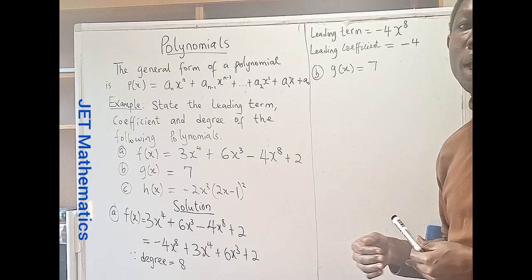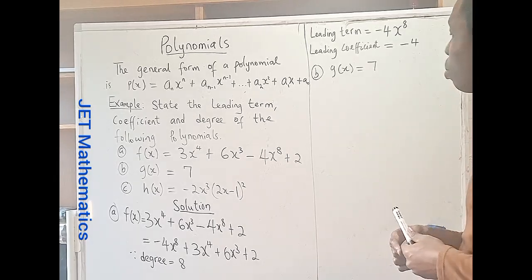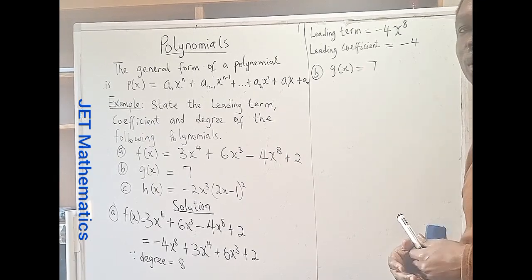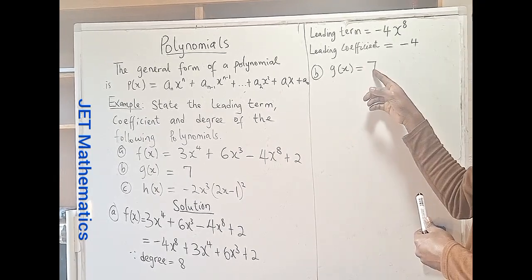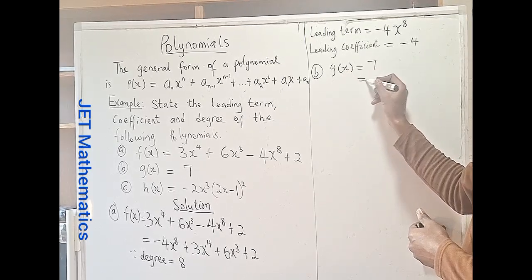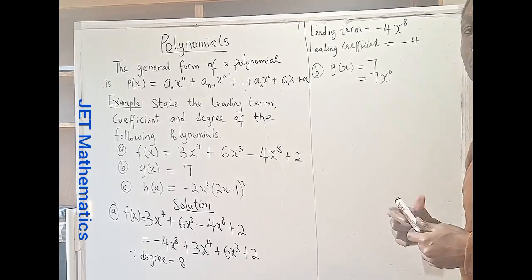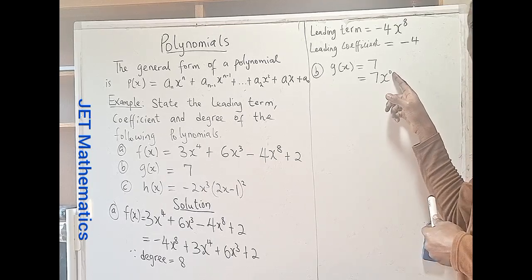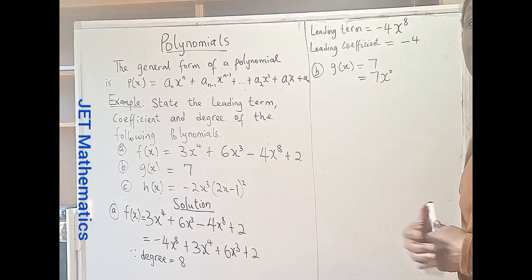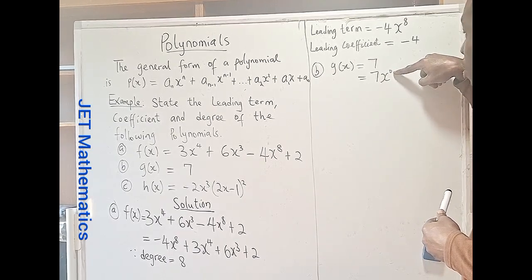So a polynomial with degree 0 is called a constant polynomial. Why do we say the degree is 0? If this is a function of x, then it means that this can be written as 7x raised to the power of 0. We know that x raised to the power of 0 is 1, and 1 times 7 gives us 7. So that makes the degree of this polynomial 0.